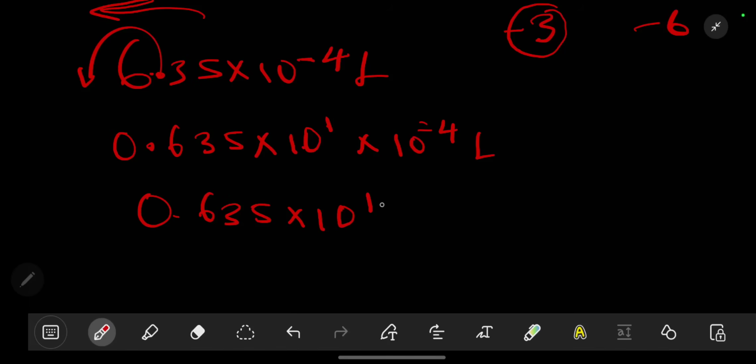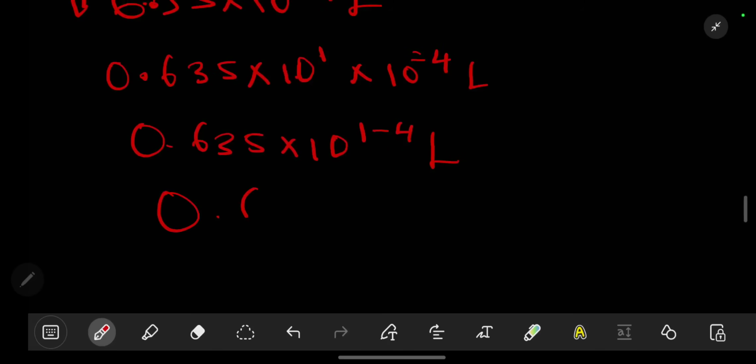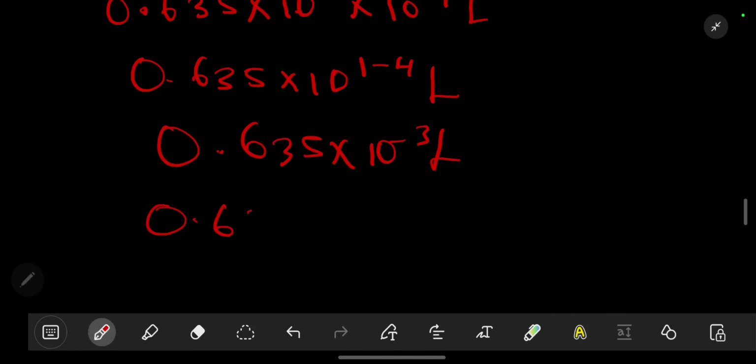Now this one is negative, so it will just be minus 4 liters. So you have your 0.635 times 10 to the power negative 3 liters. Then 10 to the power negative 3 is a milli, which we can write as a small letter m, liters. So that is the prefix. 10 to the power negative 3 is a milli.